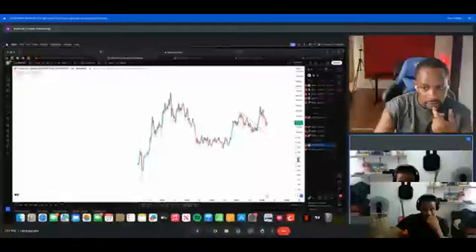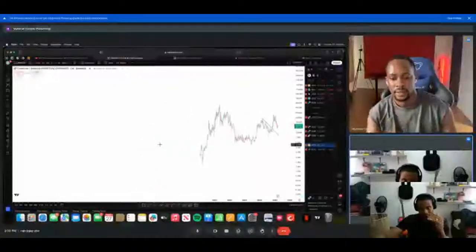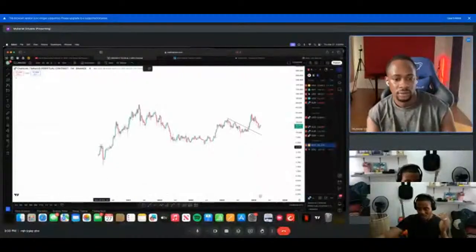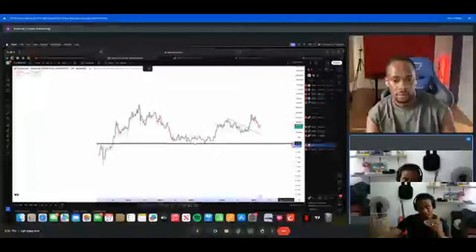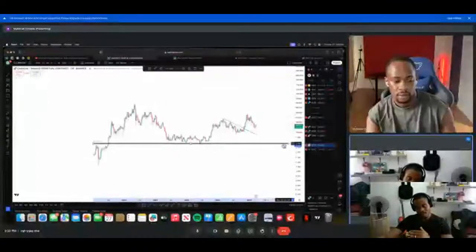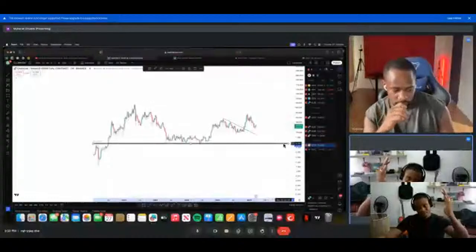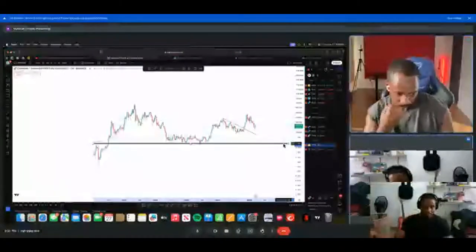So you can see my point: that's an area of interest, where it rebounded off completely. If I entered that trade, I would have moved the stop loss to maybe $1 or whatever, so that it could at least rebound and keep going down.